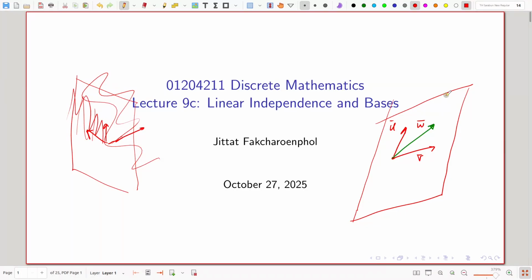For this example, if I have the set of vectors u, v, and w, I can say w is not necessary because, leaving it out, you still have the same span. We need some formal way or precise definition to say, okay, I don't need you. You are useless. You don't want to be useless, but sometimes you are useless. We can kill it, basically.